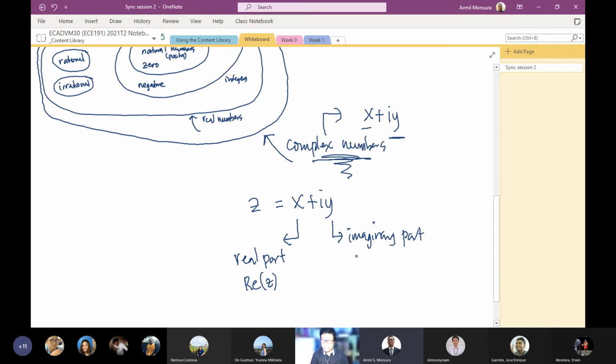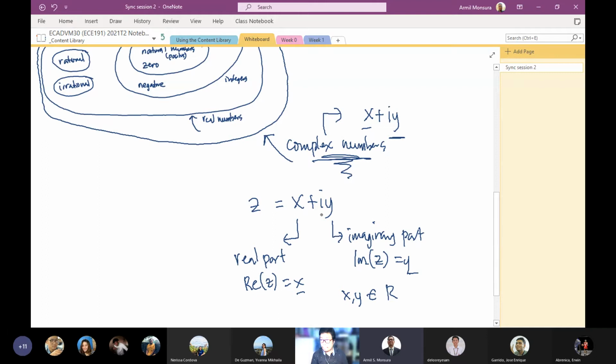By formal notation, we will designate it as Im of z. So in this case, the real part of z is equal to x and the imaginary part of z is equal to y. So therefore, basically, your complex numbers are composed of two real numbers. Yung x at saka yung y, both x and y belong to the set of real numbers.